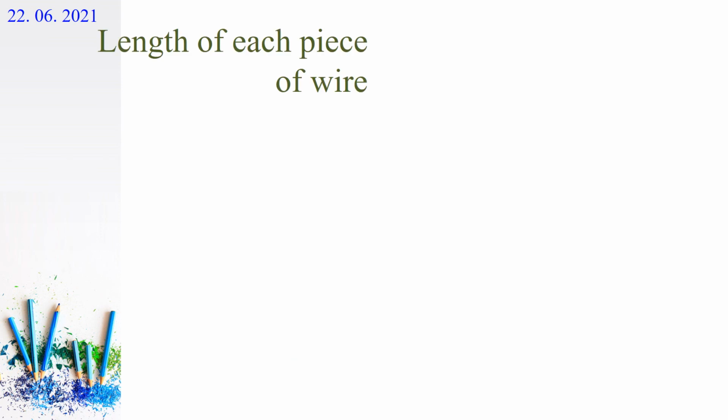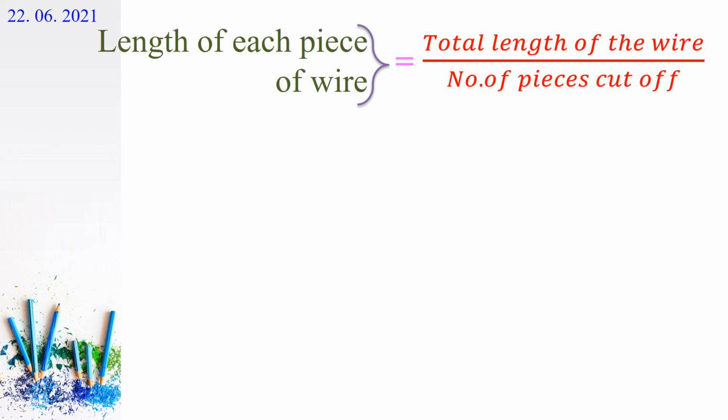Length of each piece of wire is equal to total length of the wire divided by number of pieces cut off. So, you know the total length of the wire and the number of pieces cut off. So, total length of the wire is 870 centimeter divided by number of pieces 6. Here, we can cancel 870 by 6.